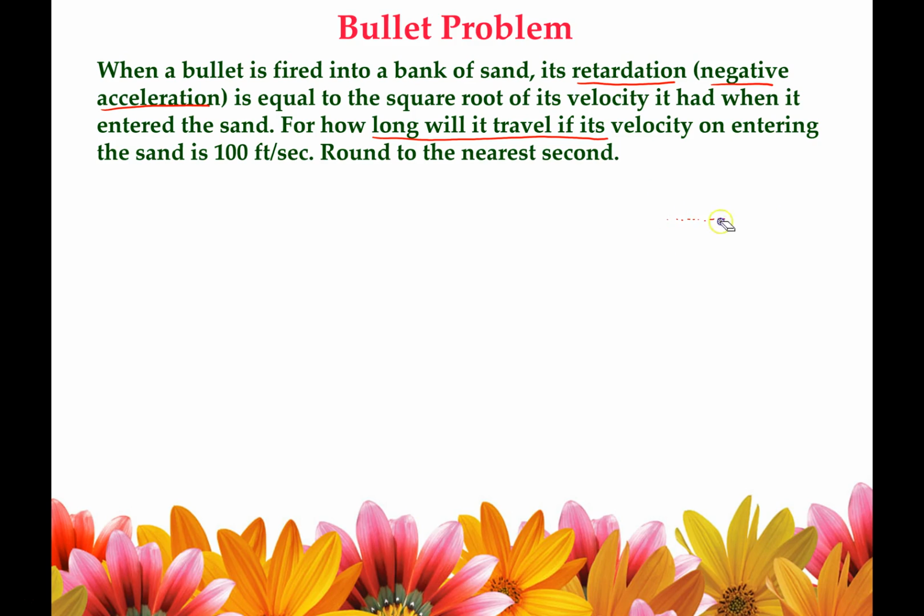So now that we have that down, we have to take this information and write some equations. First of all, it says that the negative acceleration is equal to the square root of its velocity.